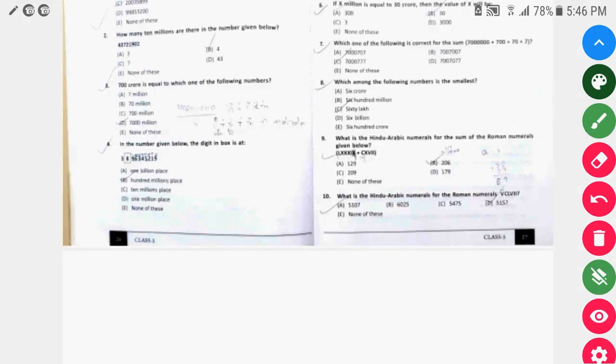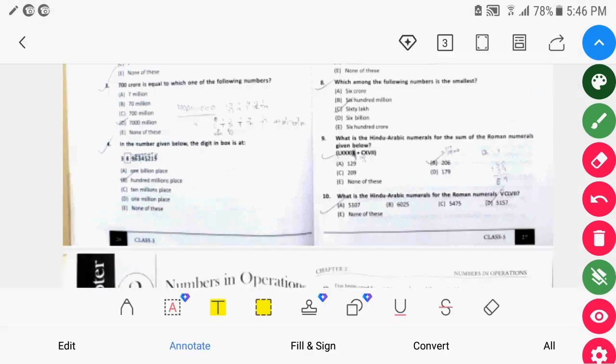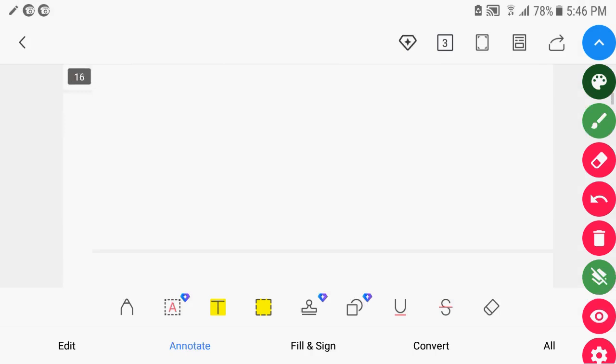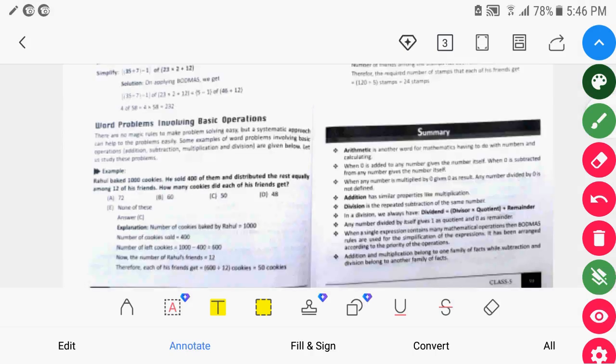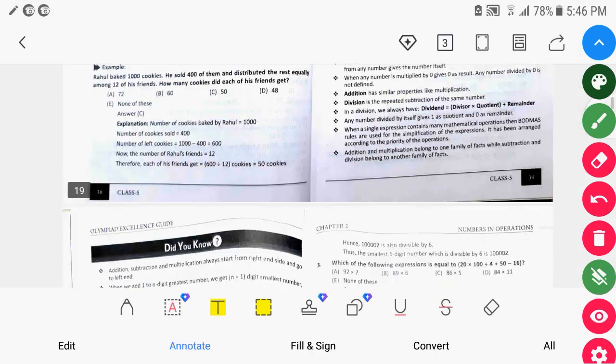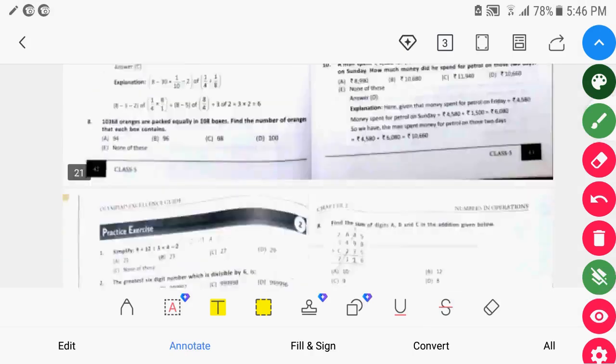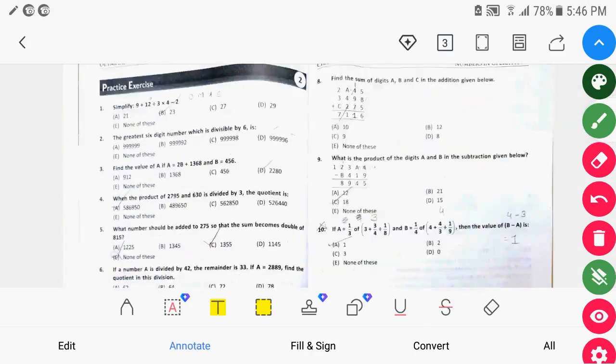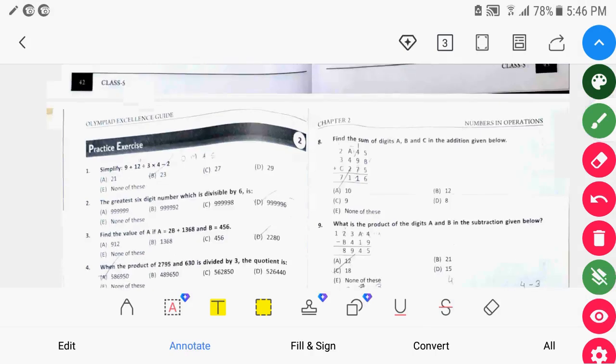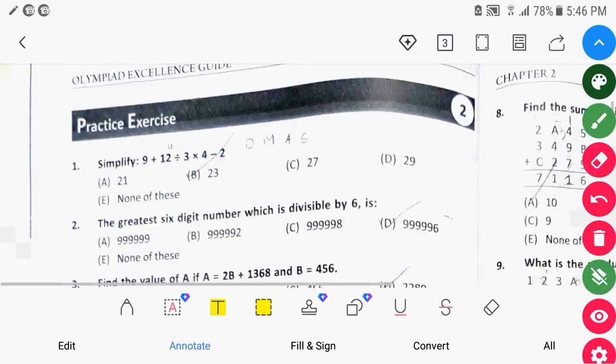Now wait a minute. Go through the solved problems so that you get more practice related to the topic.